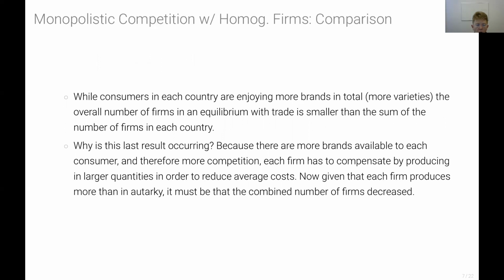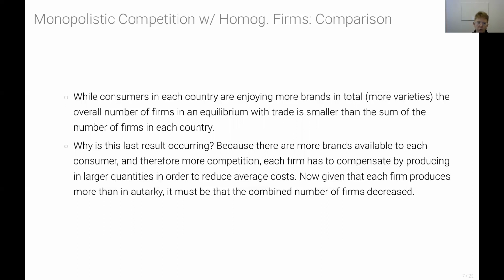And why is the last result occurring? Well, there are now more brands available to each consumer, and therefore more competition. Each firm has to compensate for the fact that competition is pulling down its prices by producing a larger quantity in order to reduce average cost. Note that the left-hand side is that P has to be equal to c_i plus 1 over Bn. If n is increasing, then the right-hand side has to decrease as well, and the way to do that is for firms to increase their quantity produced.